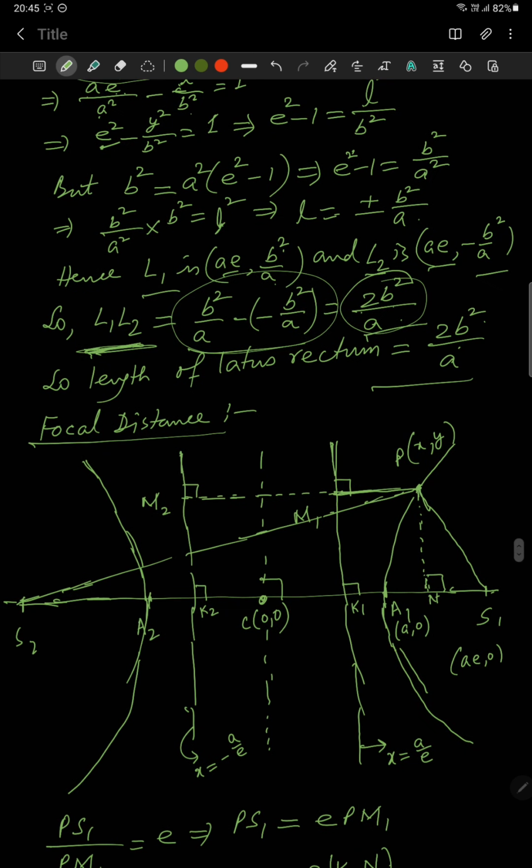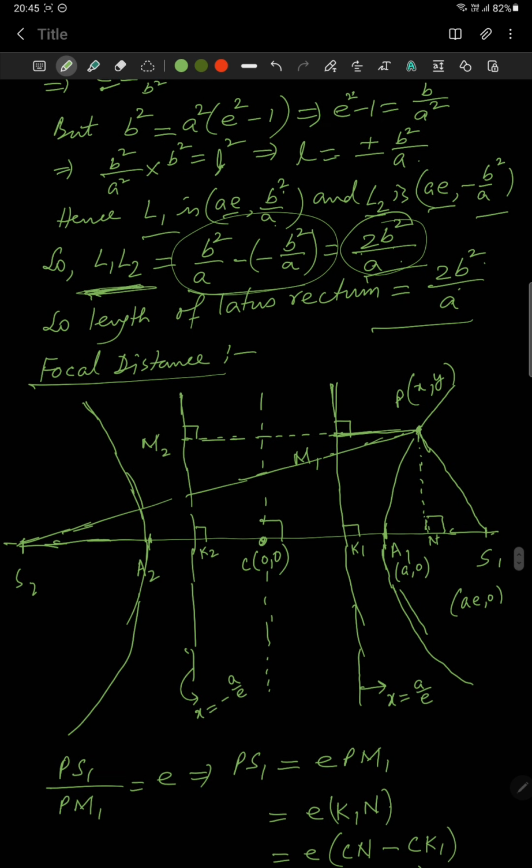Now let us come to the focal distance. Focal distance is nothing but, suppose P (x comma y) be any point on the hyperbola, this one, then this PS1 and PS2, this S2 is nothing but the second focus.